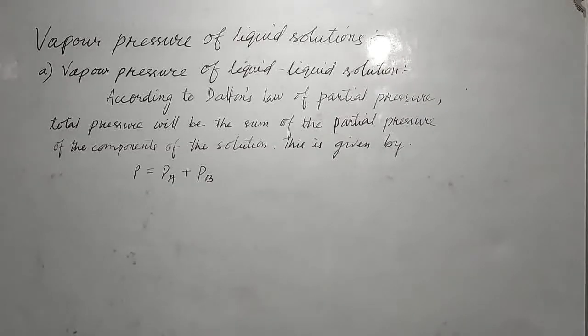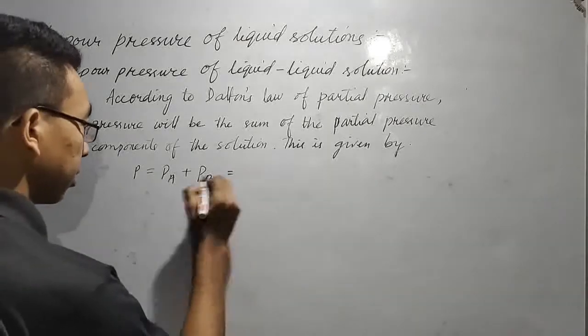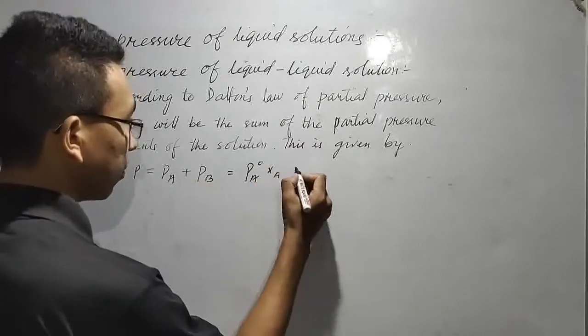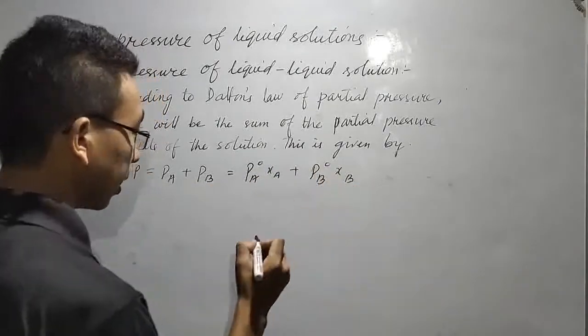Now, according to Dalton's law of partial pressure, the total pressure will be the sum of the partial pressures of the components of the solution. So this is given by P equals PA plus PB, and we know PA is PA degree XA, plus PB is PB degree XB.